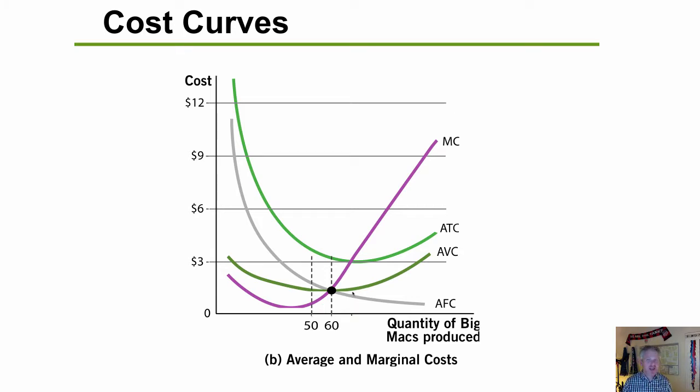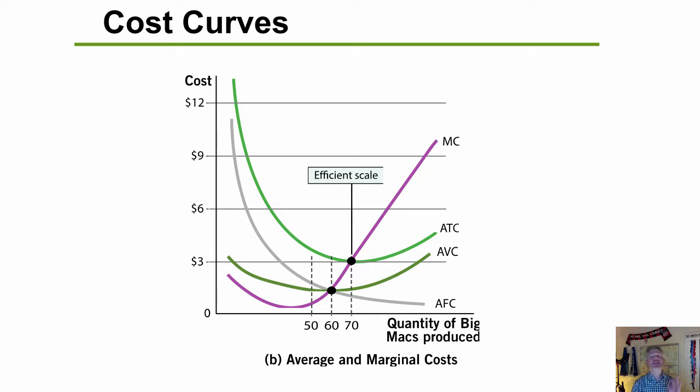But eventually, that rising average variable cost overtakes the effect of the falling average fixed cost, and the total cost, which is the sum of the two, starts to go up. You can sum this height and this height to get the average total cost. And that happens at the exact point where the marginal cost curve crosses the average total cost curve. So that's this point here at 70.